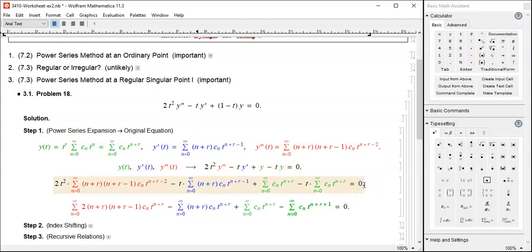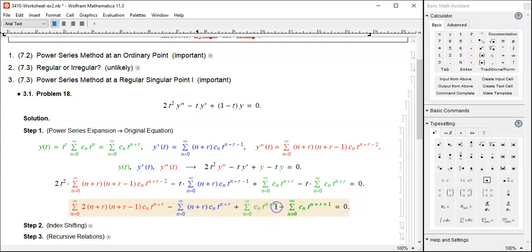If you do that, you're going to get this expression, and let's do a bit of algebraic manipulation. Pass on 2 inside, okay, that's fine, and t squared inside, and that'll change this power into t to the n plus r power. Great. Pass this times t, and this will change into t to the n plus r power. Again, great.